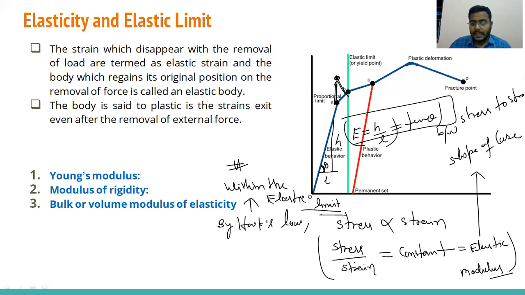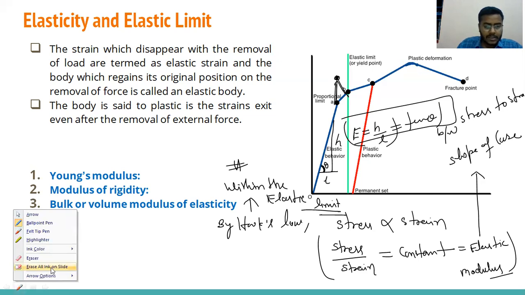Okay, now we have seen the different types of stress and different types of strain, right? So for the different types of stresses or strains, we can define different elastic moduli. One thing is clear: what is the elastic modulus?